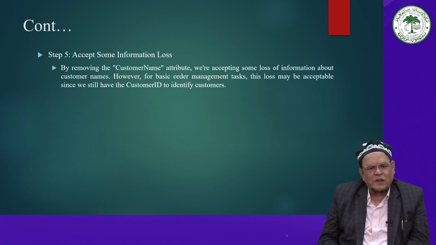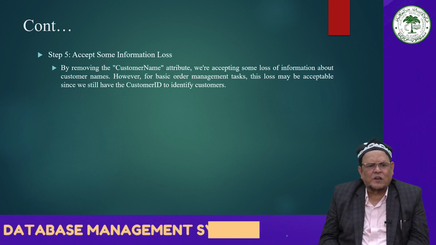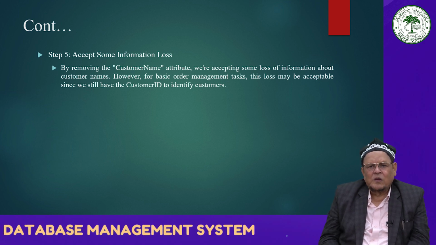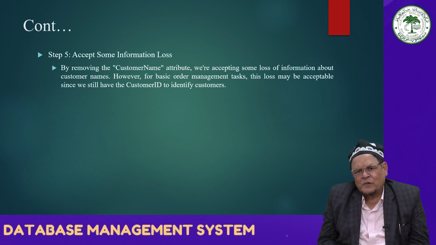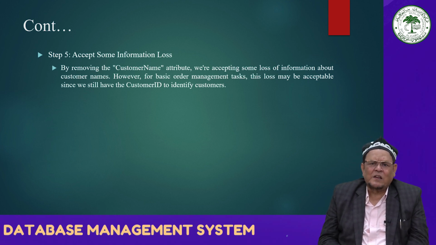By removing the customer name attribute, we are accepting some loss of information about the customer name. However, for basic order management tasks, this loss may be acceptable since we still have a customer ID to identify the customer. So if you know the customer ID, you are able to find the customer name.